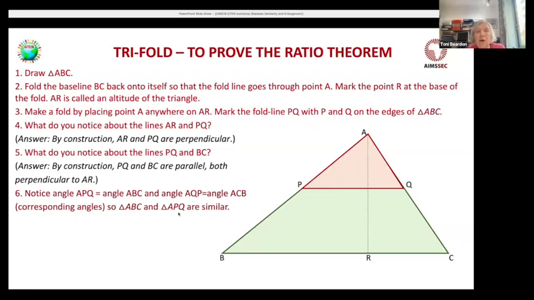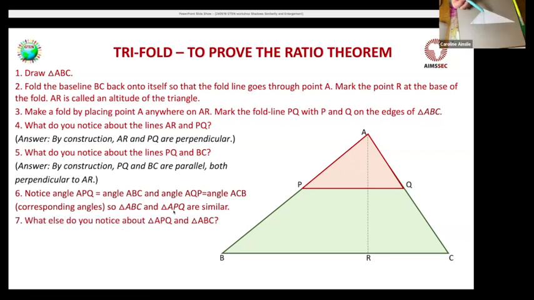So those two triangles are similar. Triangles ABC and APQ are similar. So this follows on from what you did with the parallel lines, where you identified all the relationships between angles on the parallel lines. So we know that to be true based on the parallel line rule.